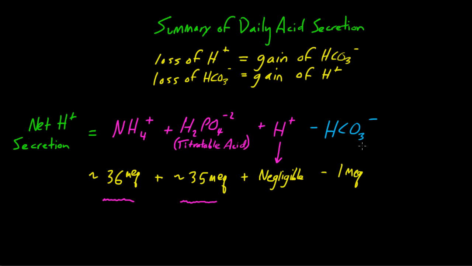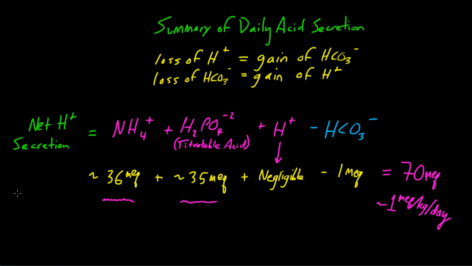And under normal circumstances, you reabsorb the vast majority of the bicarbonate that's filtered. And so maybe you'd lose like 1 milliequivalent of bicarbonate. So if we add all this up, it's pretty perfect. It comes out to be 70 milliequivalents, which is equal to that 1 milliequivalent per kilogram per day that's going to be produced just from metabolism and from your diet.